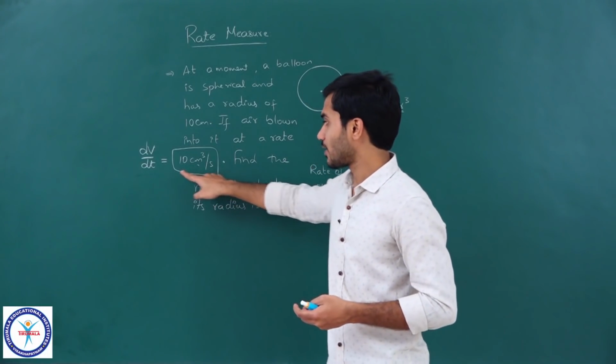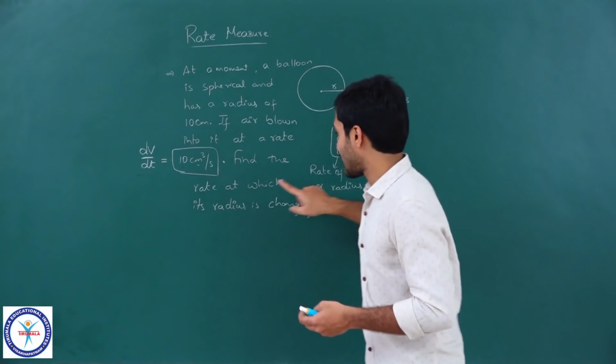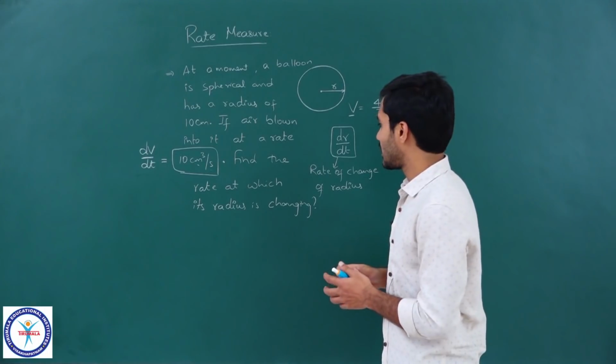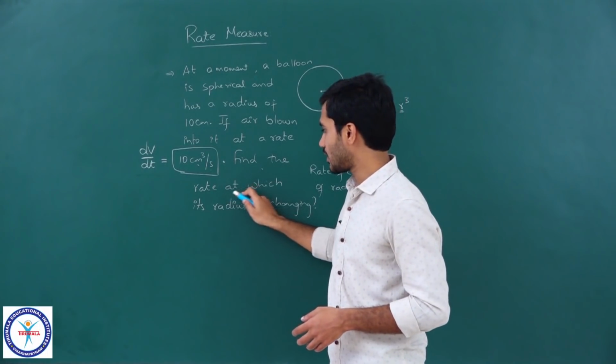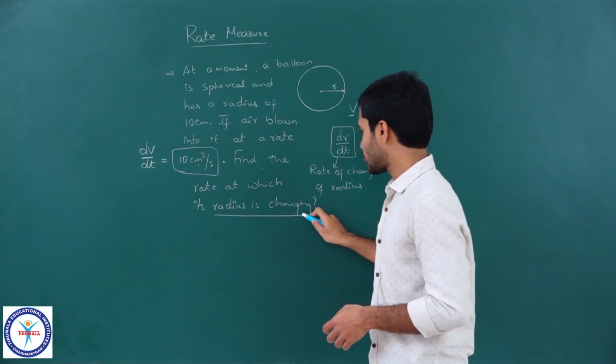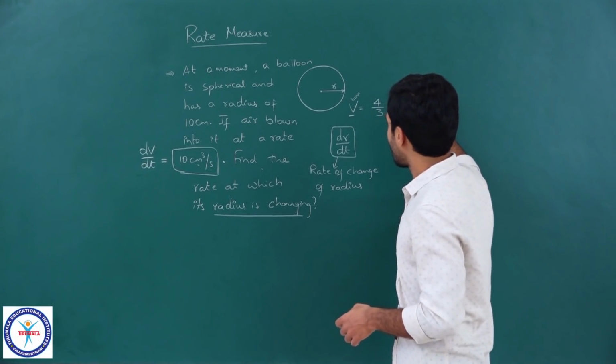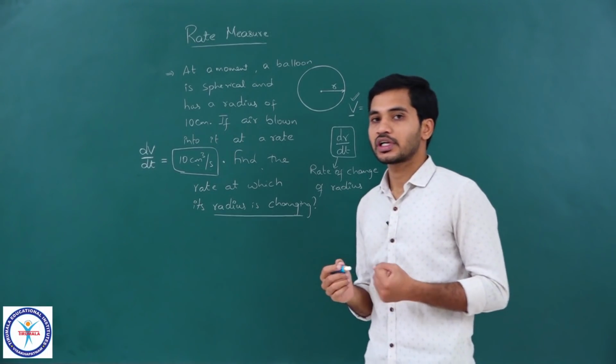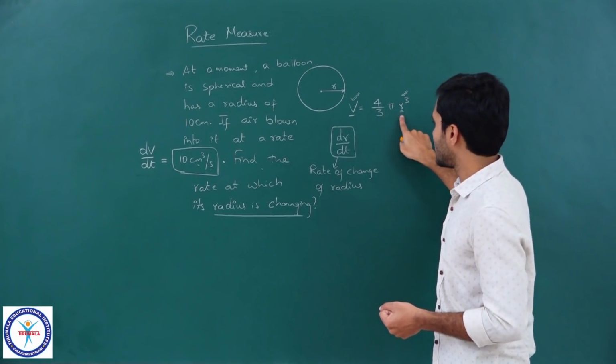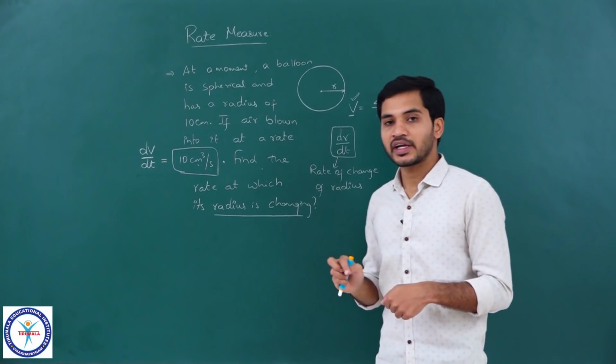They have given us the value of dV by dt and they are asking us to find the value of dr by dt, the rate at which the radius is changing. Because V is changing here, r is also going to change, clear. We know the relation between V and r. What do we have to find now?